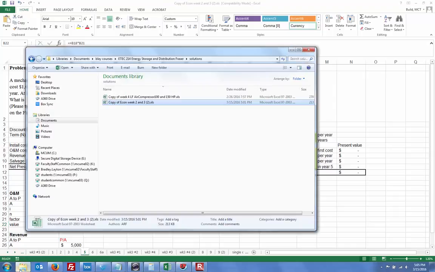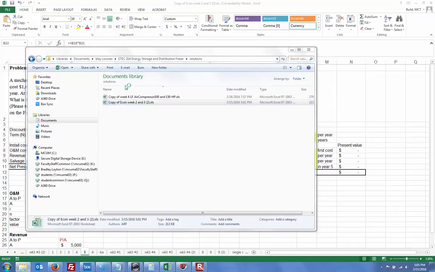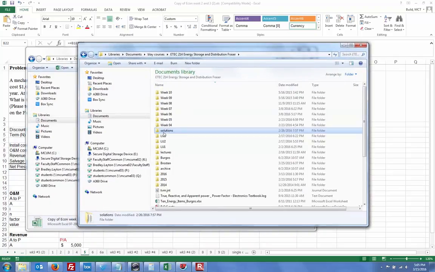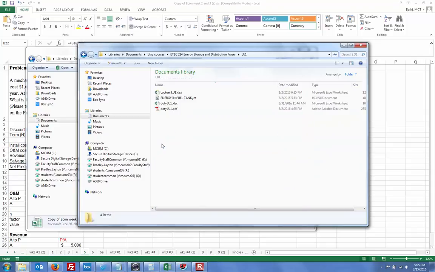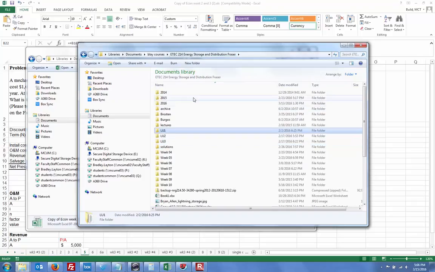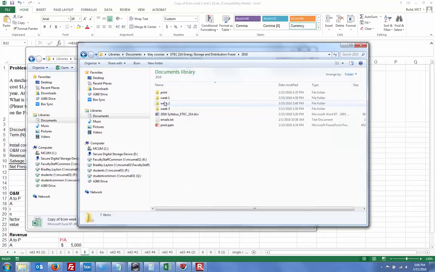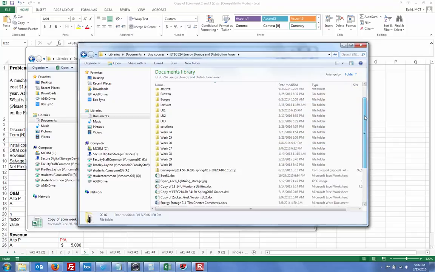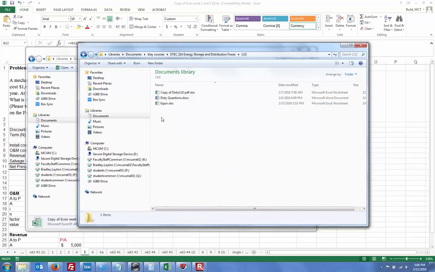I'll just double check with mine. Learning unit 1. Now let's go to equip.